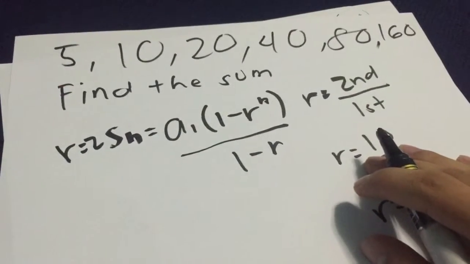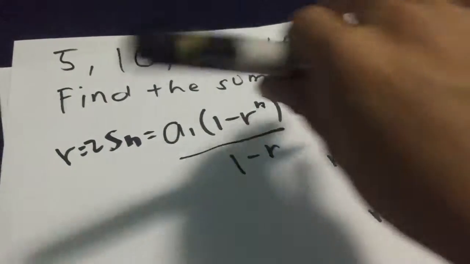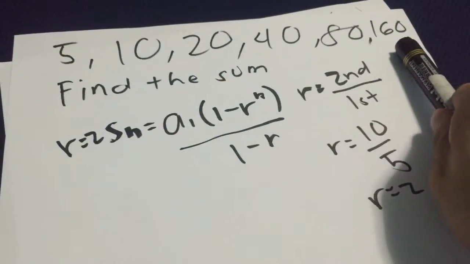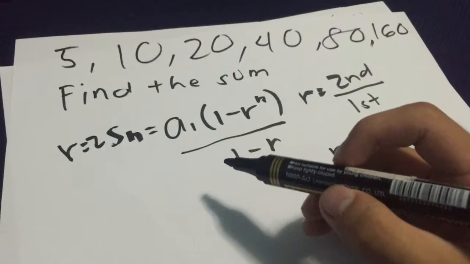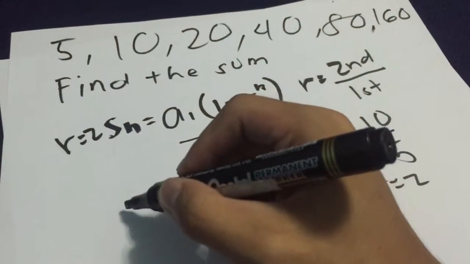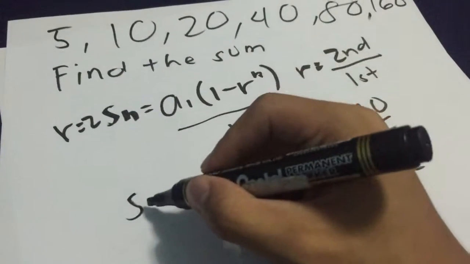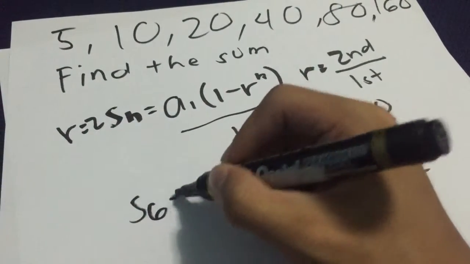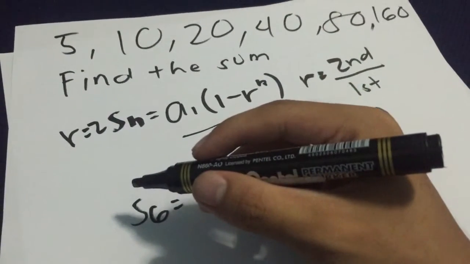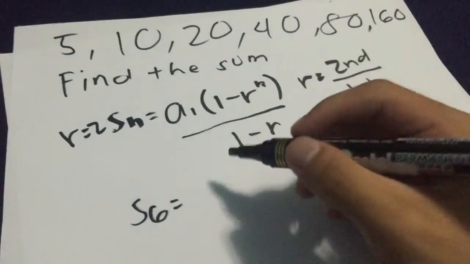So we are going to find the sum of the first 1, 2, 3, 4, 5, 6 terms. So we're going to find the sum of the 6 terms. So we're going to put here S6. This means the sum of the first 6 terms.